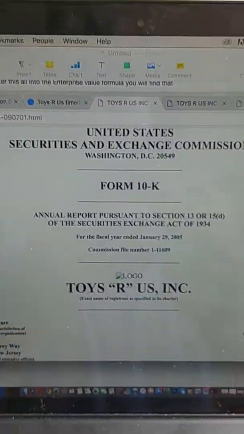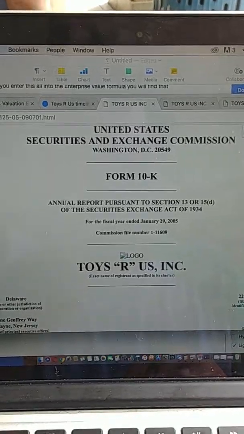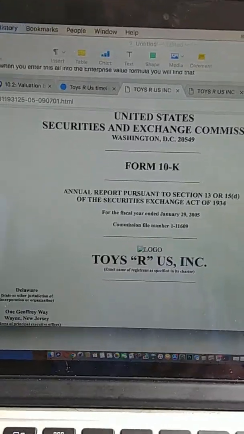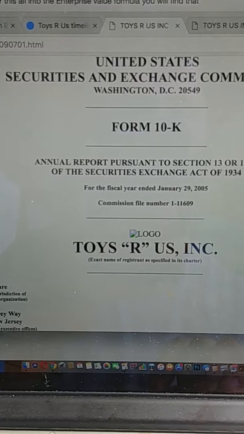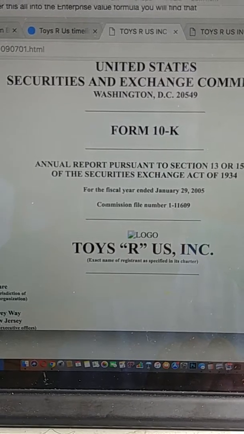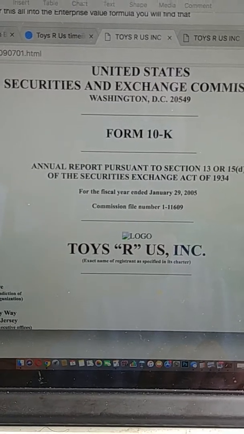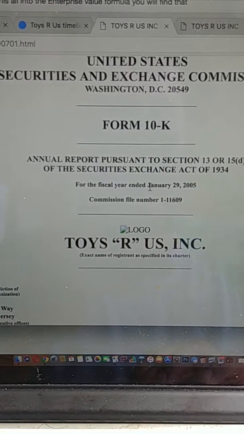It's quite simple. You go on the SEC Form 10K filings for Toys R Us, and I pulled up the 2005 files, so the end of the year 2004, but they file it in 2005.